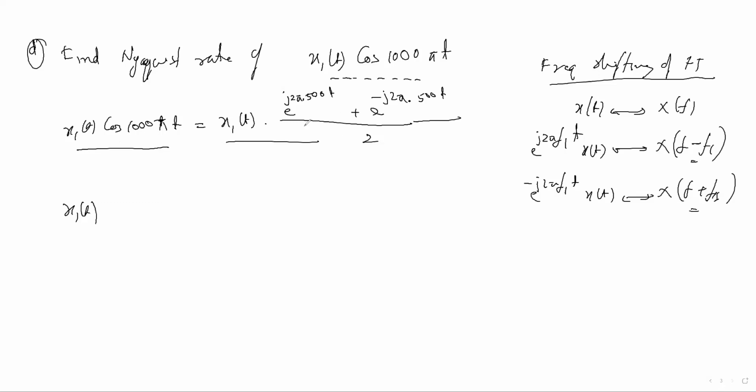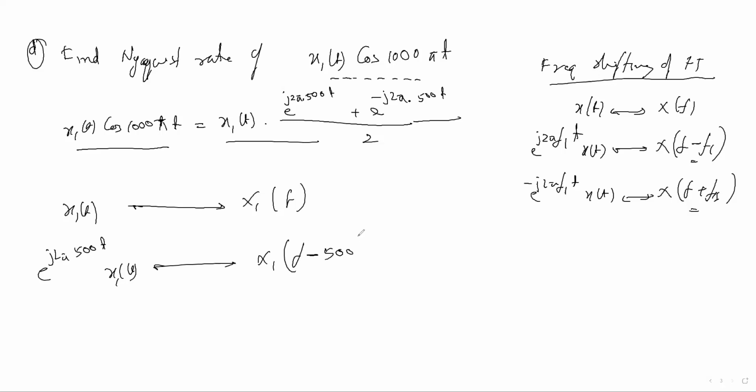You break x1(t) into two parts. If x1 has the Fourier transform x1 of f, then x1(t) e to the power j 2 pi 500 t has Fourier transform x1 of f minus 500, since here plus is there, minus will come.